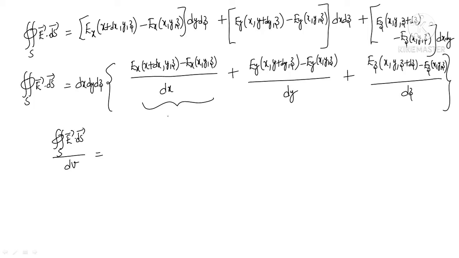Is it right or not? So I can write this difference between the field intensity evaluated at x plus dx and evaluated at x, keeping y and z constant, as the partial differentiation of Ex with respect to x.